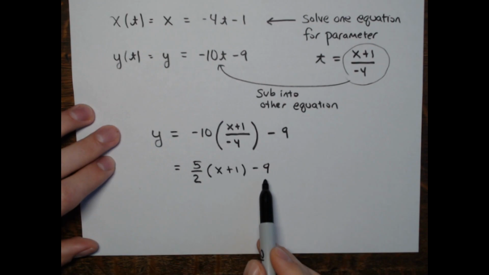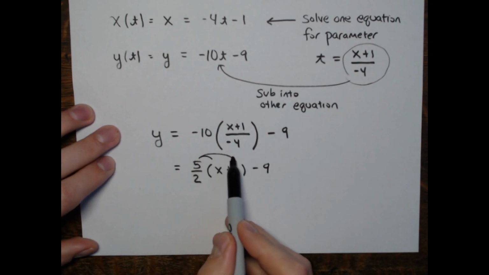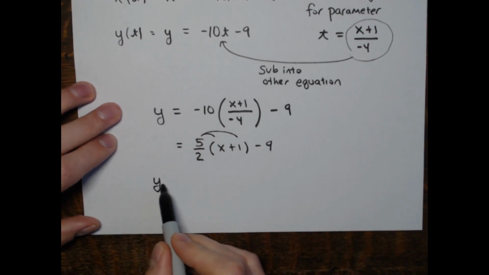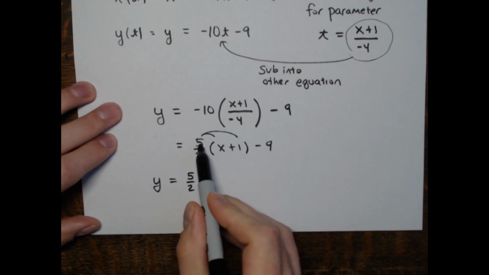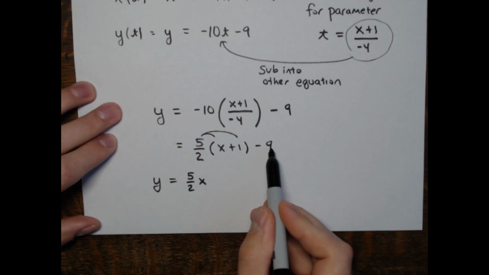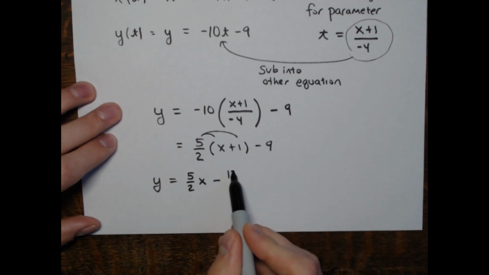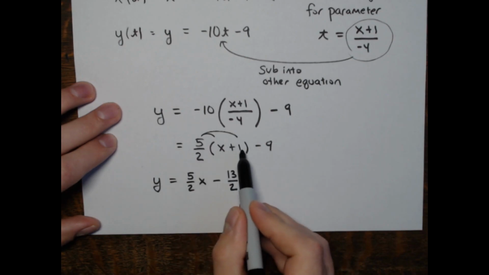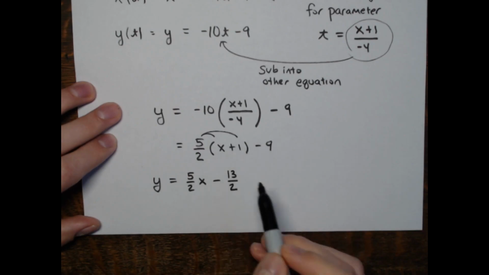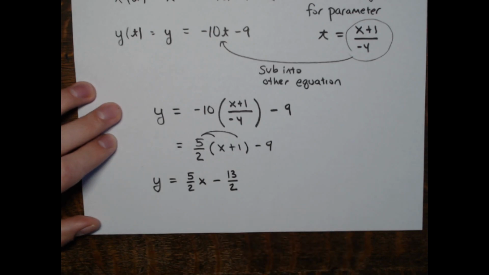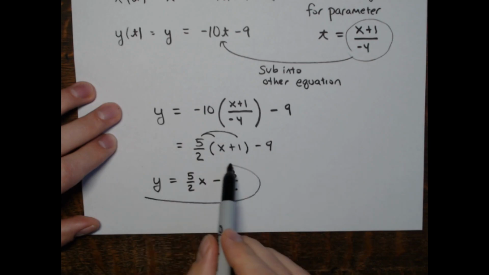This should be good, but I'm going to put it in slope-intercept form. y equals 5 halves x, plus 5 halves minus 18 halves, that'd be minus 13 halves. 5 halves times 1 is 5 halves. Times 2 over 2, 9 is 18 halves. Hopefully I'm not subtracting incorrectly like I did in the previous problem. 5 halves minus 18 halves would be negative 13 halves, and here you go.